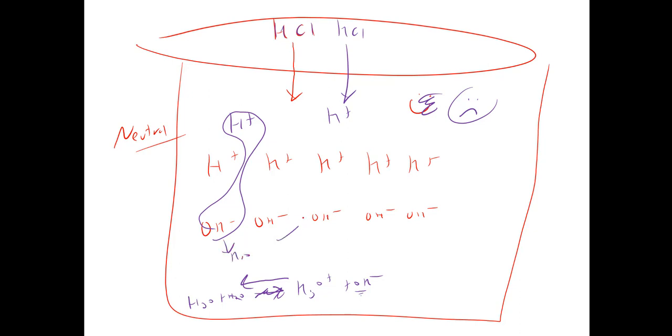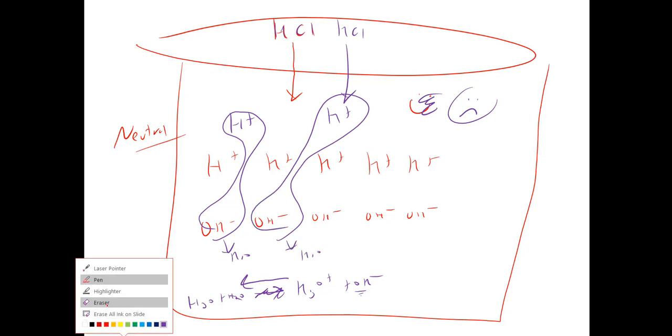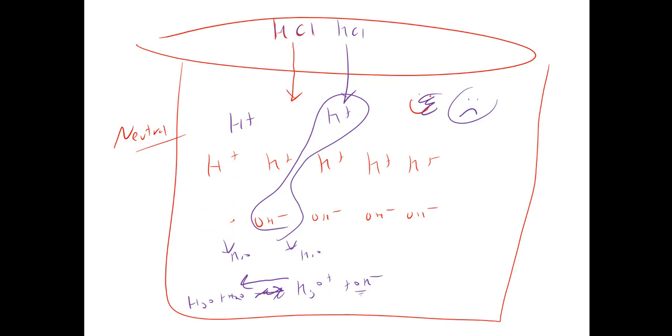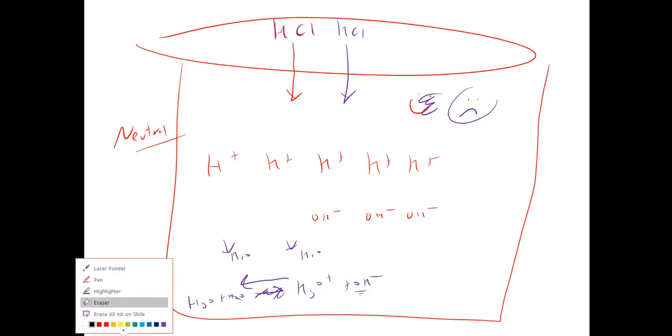And then this hydronium and hydroxide will form water again. Although we decreased some of the hydrogen ions, we also massively decreased our hydroxides. So it's a bit pointless, but this is what nature tries to do, and it's called the Le Chatelier's principle.